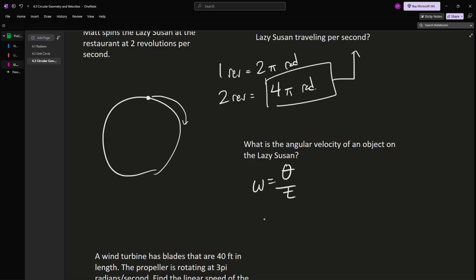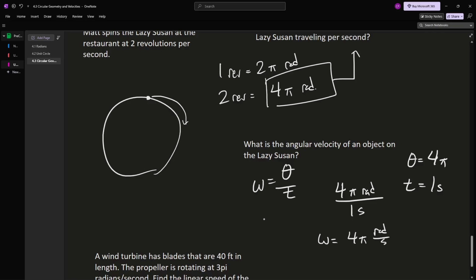So we're going to find a theta and a time that do relate to one another. And we see up here, 2 revolutions per second, 4 pi radians per 1 second. So my theta equals 4 pi, and my time equals 1 second. So 4 pi radians per 1 second. My angular velocity is 4 pi radians per second.